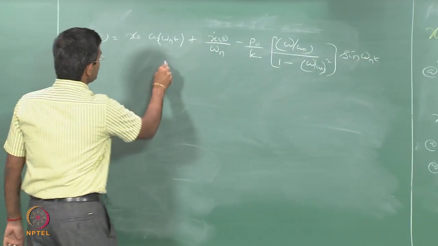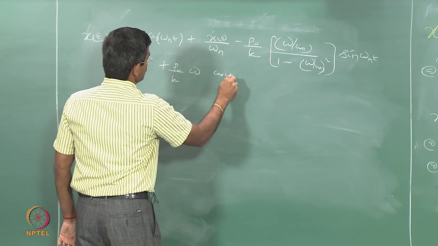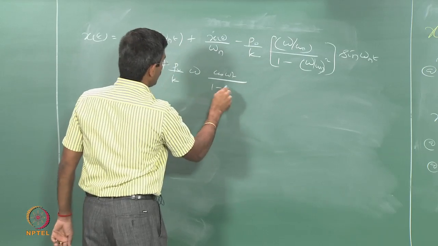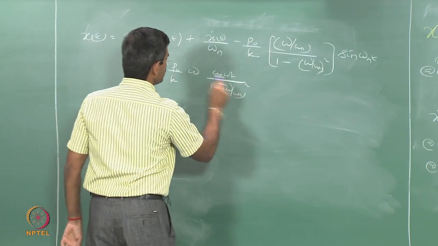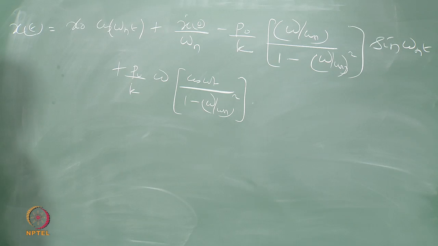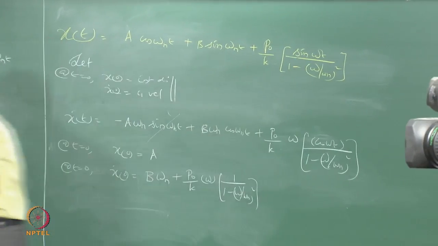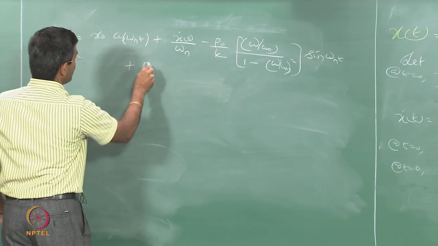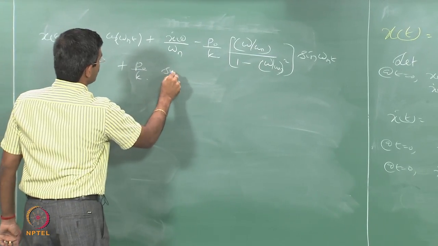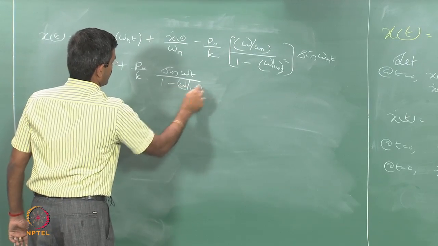plus P 0 by k, omega cos omega t by 1 minus omega by omega n the whole square. Sin omega t. Even here also, yes, sin omega t, sorry, it should be sin omega t. P0 by k sin omega t by 1 minus omega by omega n square.